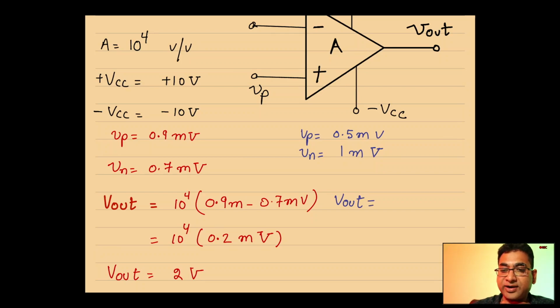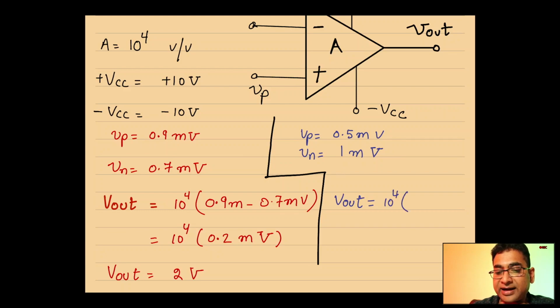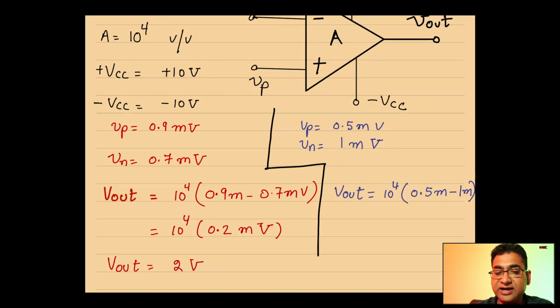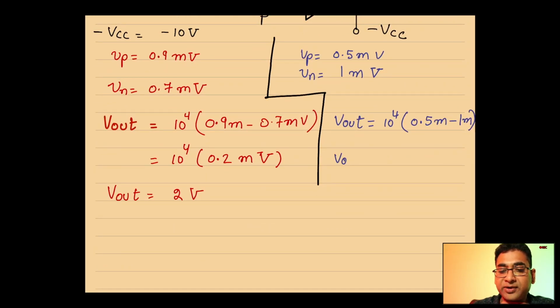Remember, they're color coded. V output would be your A, which is 10 to the 4, multiplied by Vp minus Vn. So that's going to come out to be 10 to the 4 times negative 0.5 millivolts, so it's going to be negative 5 volts.